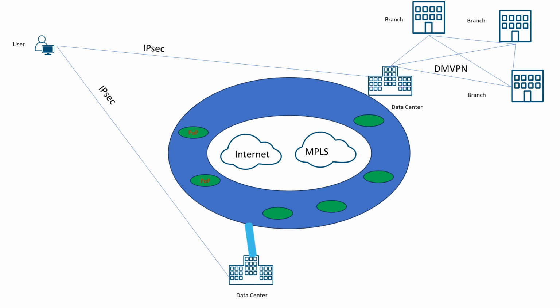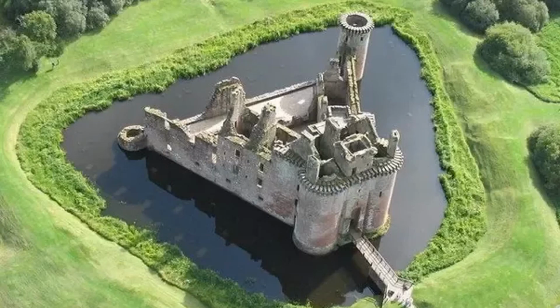This network and security framework served its purpose effectively in an era where applications primarily resided within the confines of the data center and employees conducted their work from office environments. In network security, a moat acts like a castle's defensive barrier, forming a virtual perimeter around the network.